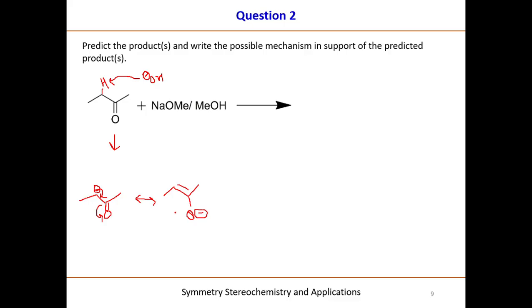Now, this enolate ion, in the second step, adds to another molecule of the same carbonyl group. Because we have only one carbonyl compound, it will add to another molecule of the same carbonyl group. So I am writing here the same carbonyl group this way.